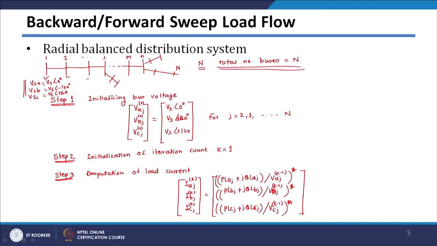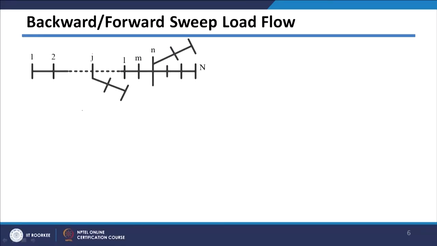So, after getting currents, we go for step 4, and in step 4 we have seen that it is basically the backward sweep, and in the backward sweep we are calculating line currents. So, for line currents, now there will be 3 phases. So, there will be 3 line currents here. So, I m n is the line current in A phase, in B phase and in C phase.